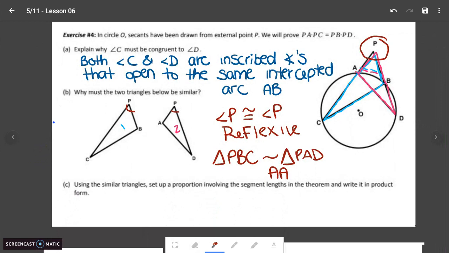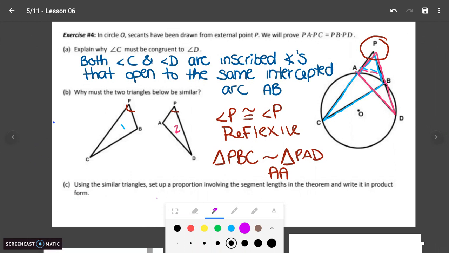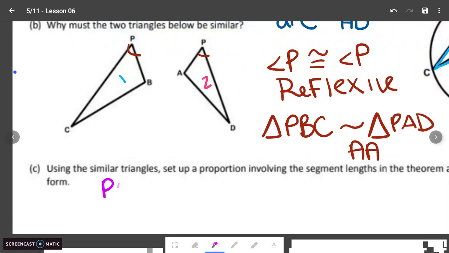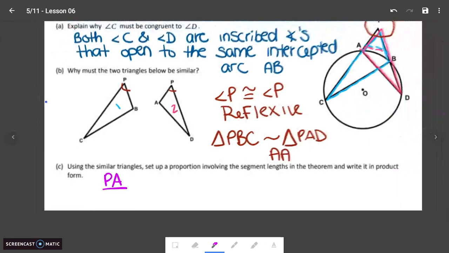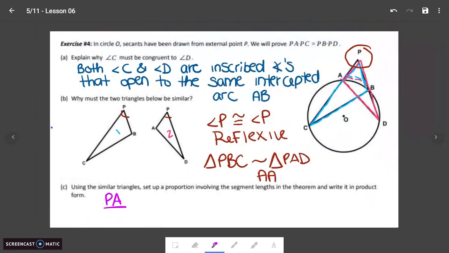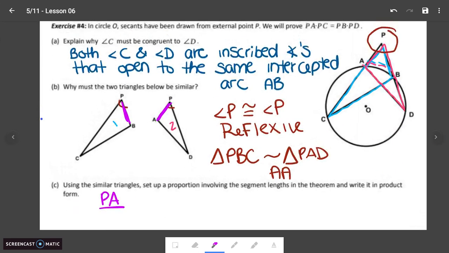Now, since my two triangles are similar, we can set up the proportion. Remember how this part works. If I were to set up my proportion, I would start with PA, right? So PA is this piece here. And we could go in and say that it would correspond to PB.